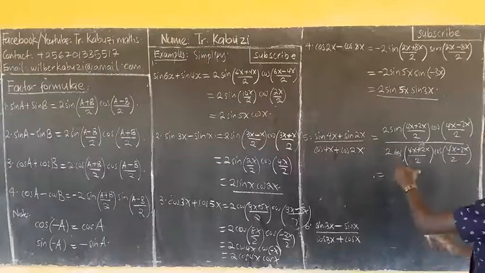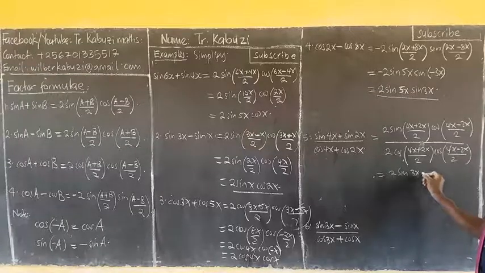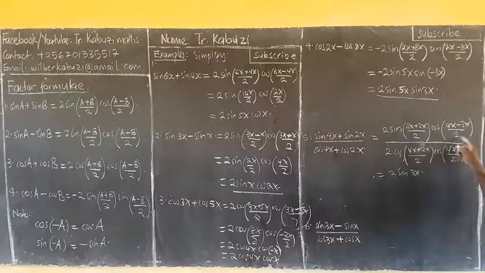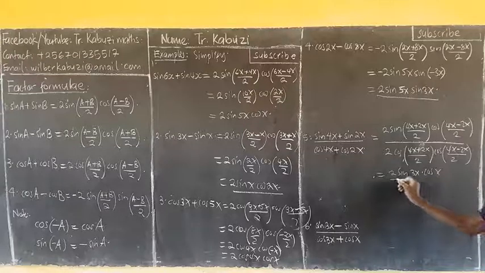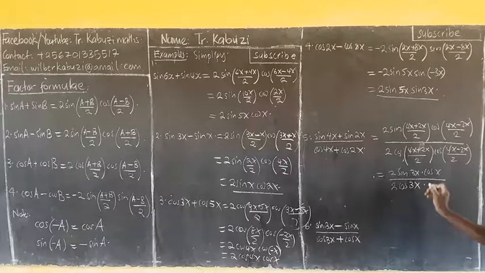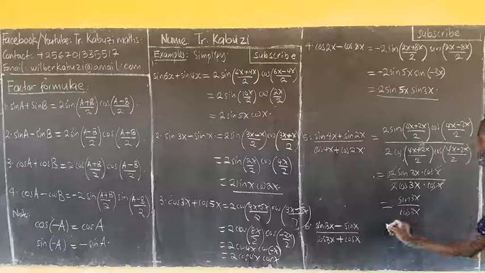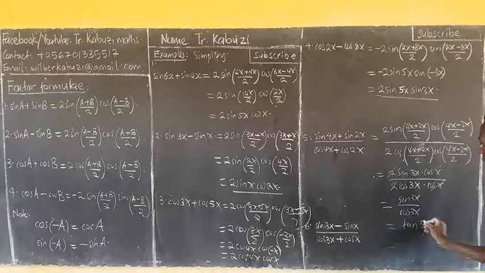On the bottom I am on cos, so it is 2 cos of (4x plus 2x) over 2, times cos of (4x minus 2x) over 2. So the top is 2 sine 3x cos x, and the bottom is 2 cos 3x cos x. The 2s cancel, and the cos x terms also cancel, which leaves sine 3x over cos 3x, and this results in tan 3x.